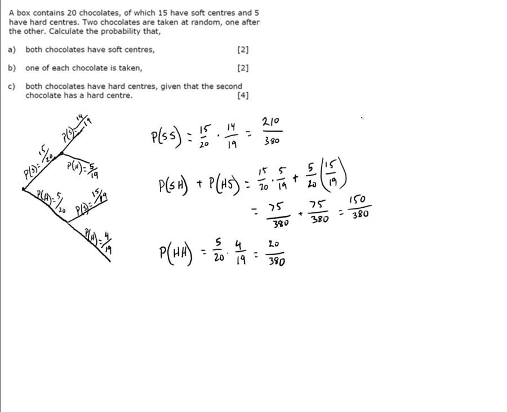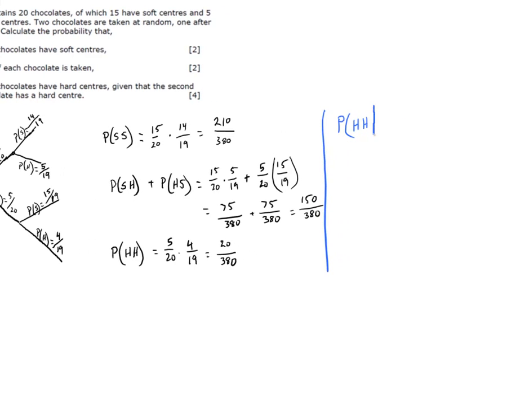Well, the final question then, I'll change colors just so it stands out. Part D, both chocolates have a hard center given that the second is hard. So what is the probability of having 2 hards given that the second is hard?